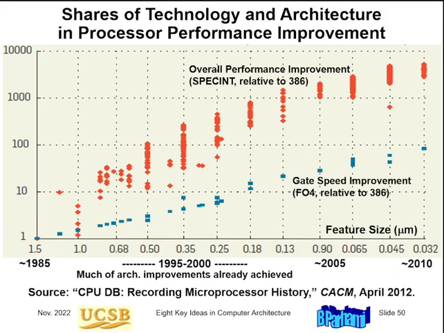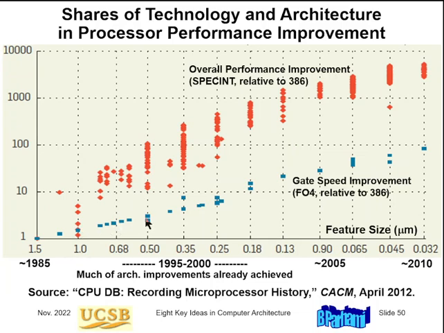Now this diagram gives you a very interesting overview from about 1985 to 2010 as the feature sizes shrank in integrated circuits from 1.5 micron down to 0.032 micron or 32 nanometers. We roughly experienced a 10,000-fold improvement in performance.